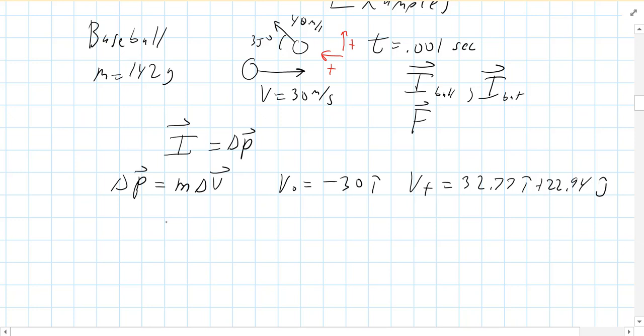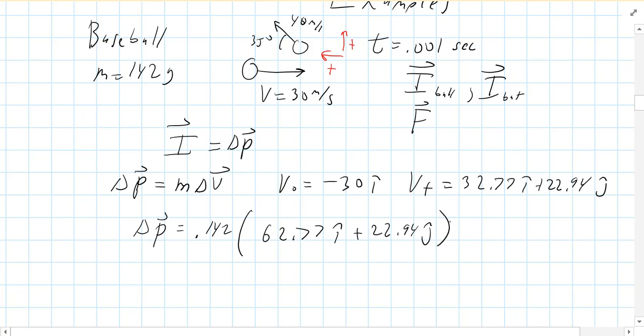So the change in momentum would be m, which is 142 grams or 0.142 kilograms, times V final minus V naught. So in the I direction, I've got 32.77 minus negative 30, which would be 62.77 I hat, and then plus 22.94 J hat.